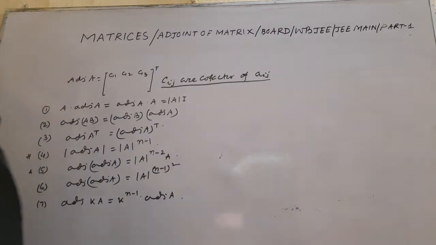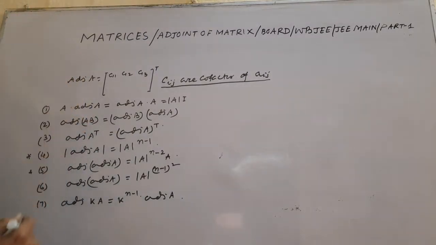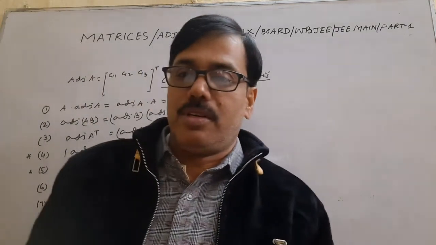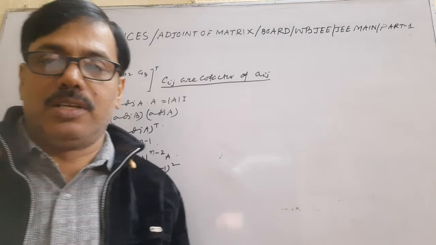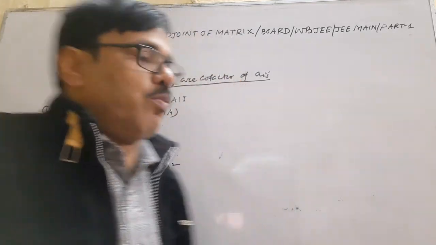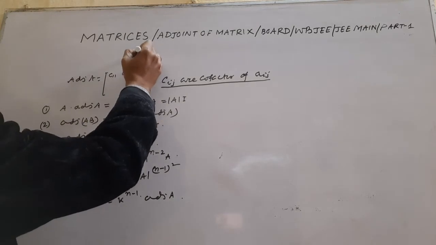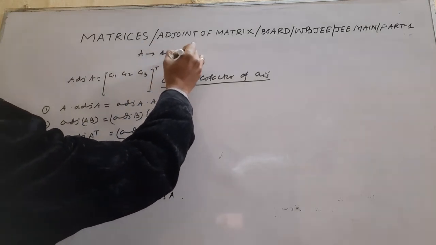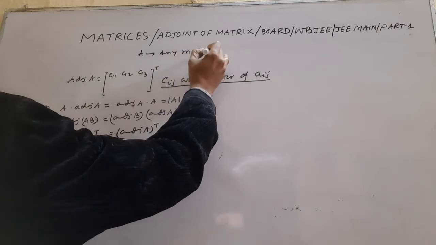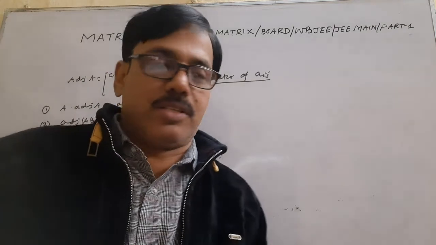Adjoint of a matrix, we know, is the transpose of the cofactor matrix. A is any matrix. We consider here a third order matrix.